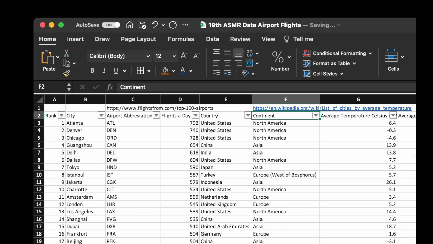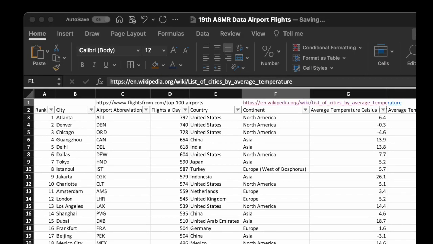I would have thought Cairo might have been in the top 100, but at least according to the source, they're all either in North America, South America, Asia, Europe.